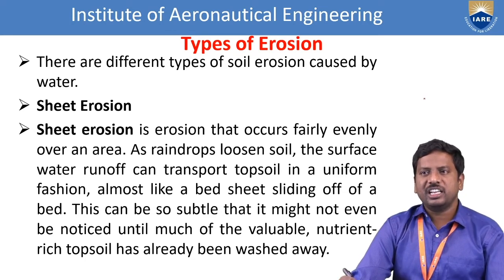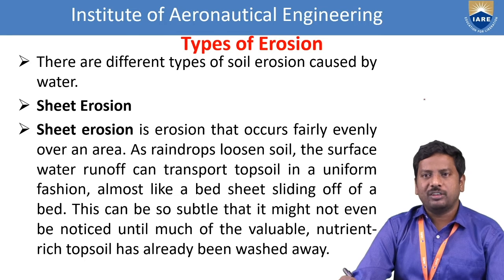Sheet erosion occurs mainly over an area. Whenever raindrops fall on the surface of the soil, water runs and transports the topsoil with uniform coverage, like a bed sheet sliding off a bed. The nutrients are spread out over the entire topsoil, and washing takes place.